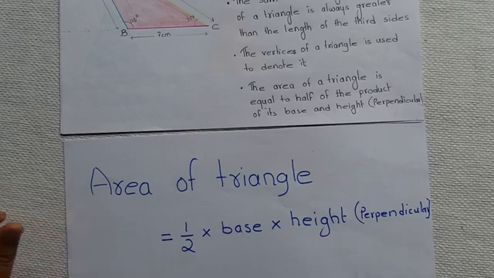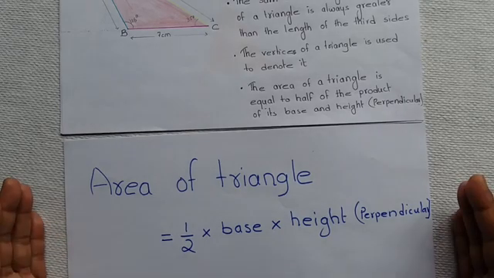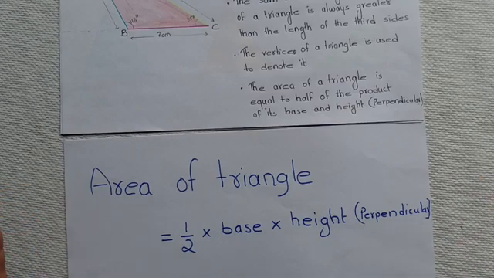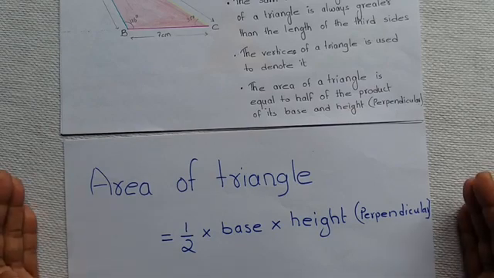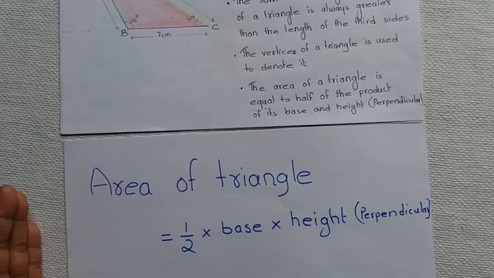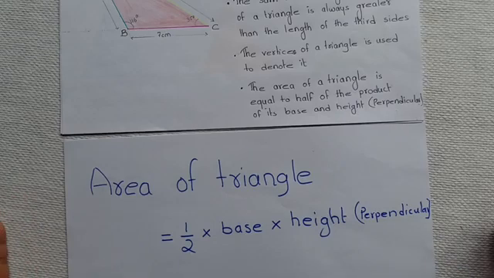Height means the perpendicular line. So we can use this formula to calculate the area of any type of triangle, but it can be done only if the perpendicular is given.